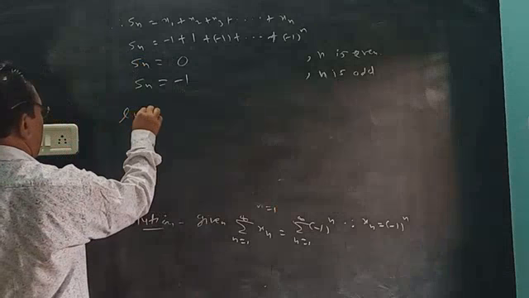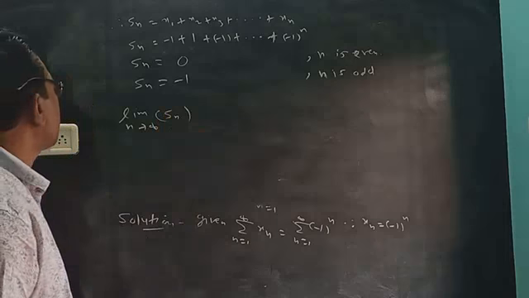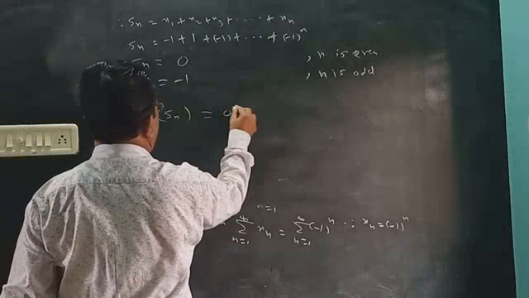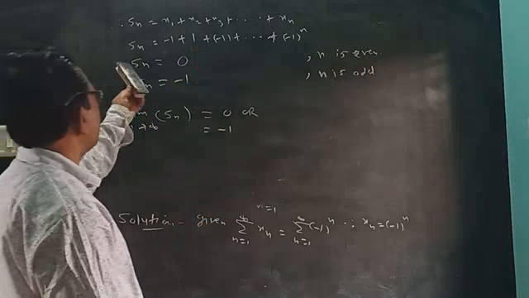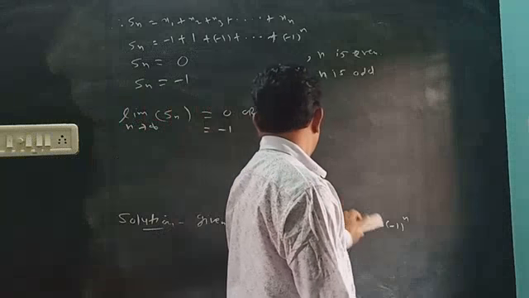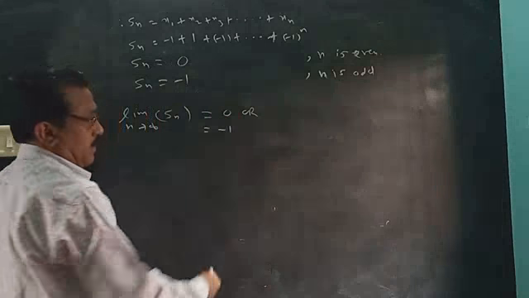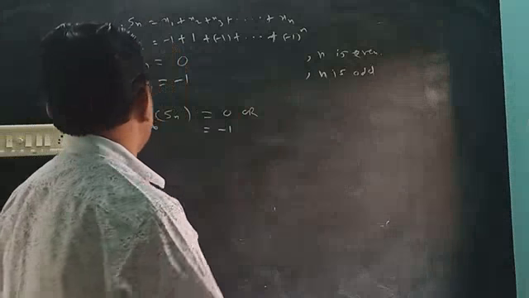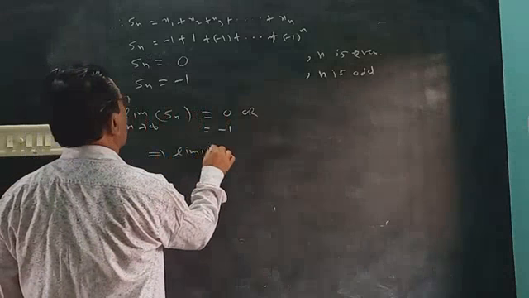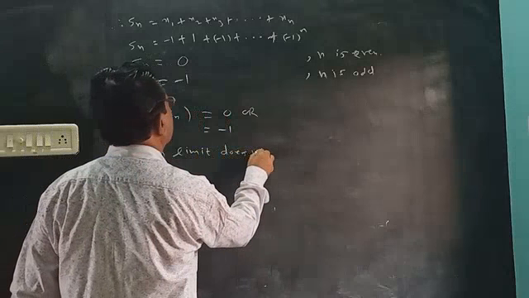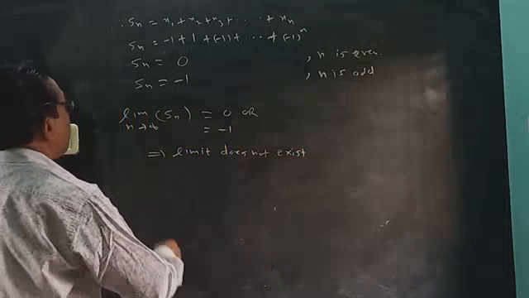Now the limit as n tends to infinity of this will be what? 0 or minus 1, two limits. So there are two values of limits. When a limit exists, it is unique, only one value. So two values means the limit does not exist. Limit does not exist means divergent.